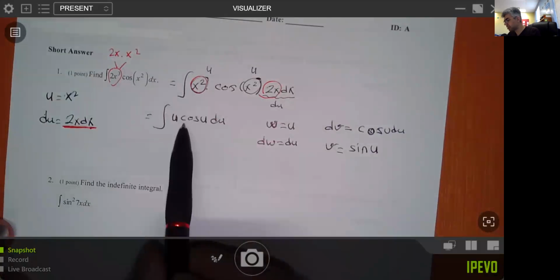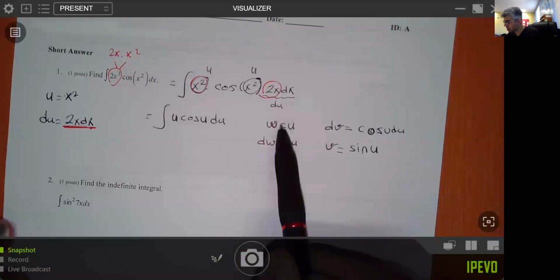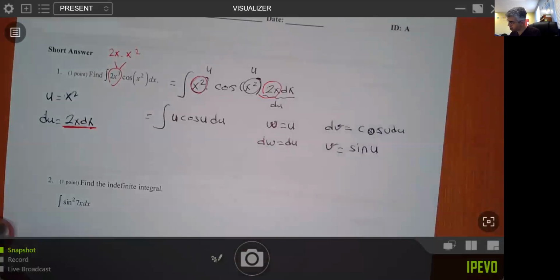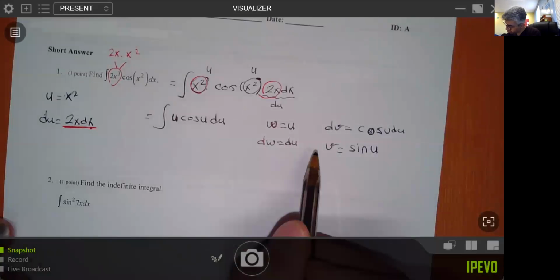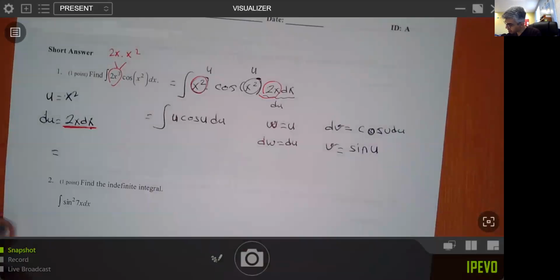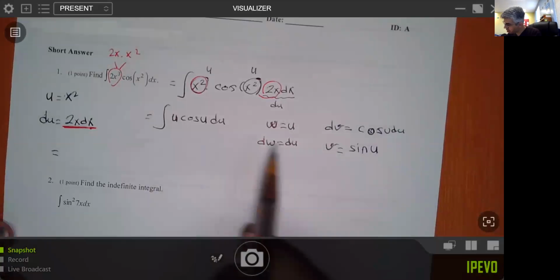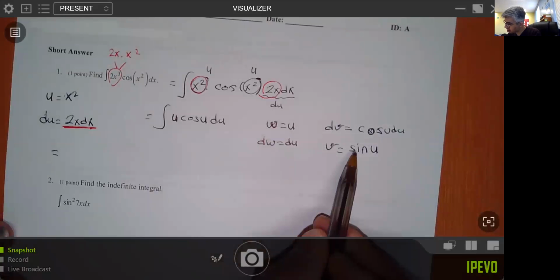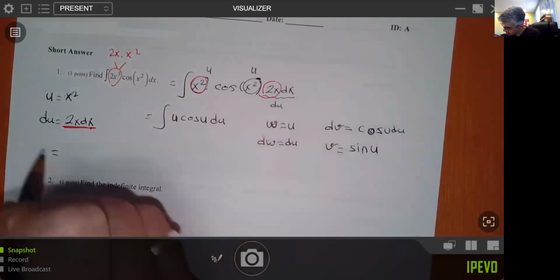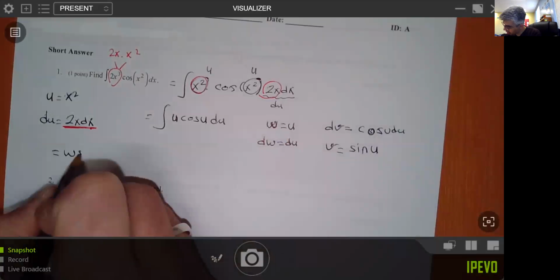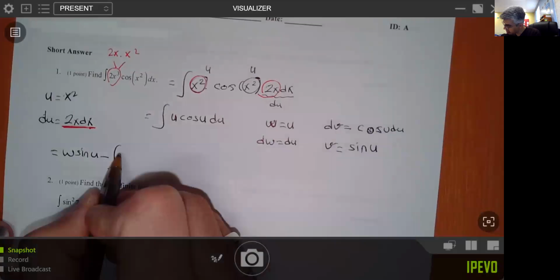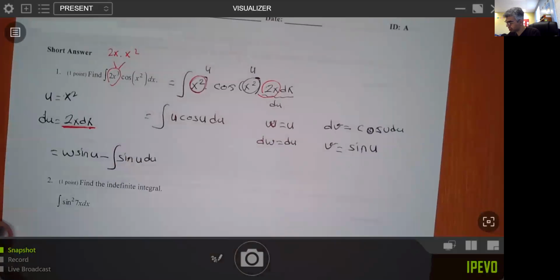Here we apply integration by parts. So instead of u, I use w, and if dv is cosine u du, yes, I think it's correct. So what do we have? Equals uv, that is w sine u, minus the integral of v dw, so I have sine u du, okay?